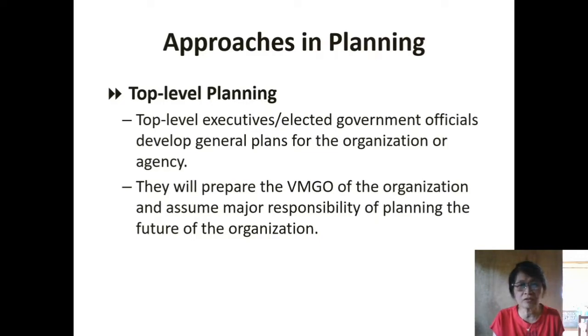So that's why they are very important in the planning process. They know the direction, and they have control of the resources. So they assume major responsibility for planning the future of the organization because they are the ones setting the direction.